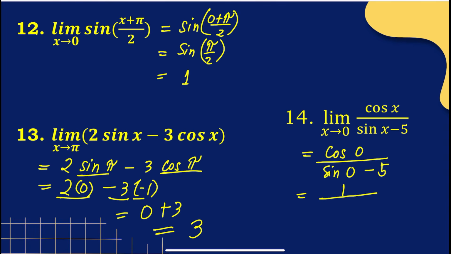Sine 0 is equivalent to 0, minus 5. So simplify the denominator. The answer here will become 1 over negative 5. So the limit of cosine x over sine x minus 5, where x approaches 0, is equal to negative 1/5.